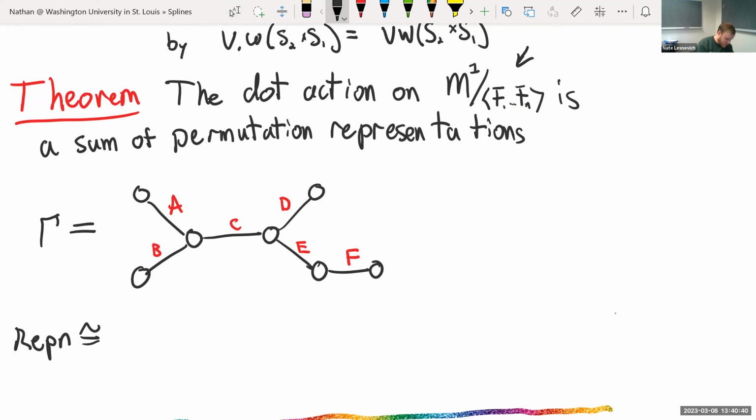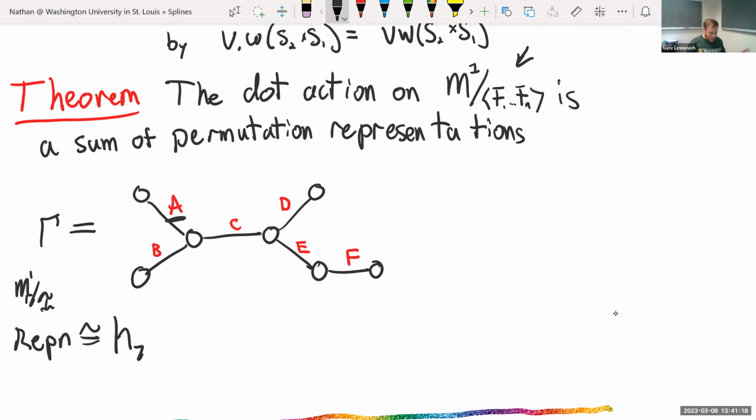So for gamma, the representation on M gamma 1 cross ideal that we had before is, so our first contribution is going to be special. It has to be a leaf edge, I suppose. That is going to give us something trivial. So this is on 1, 2, 3, 4, 5, 6, 7. So I should write an H7 there.